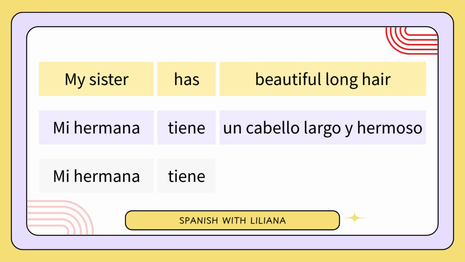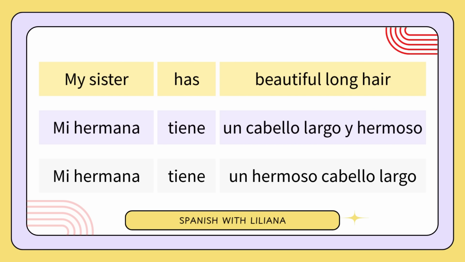So we could say un cabello largo y hermoso, long and beautiful. Mi hermana tiene un cabello largo y hermoso. But we could also say mi hermana tiene un hermoso cabello largo.